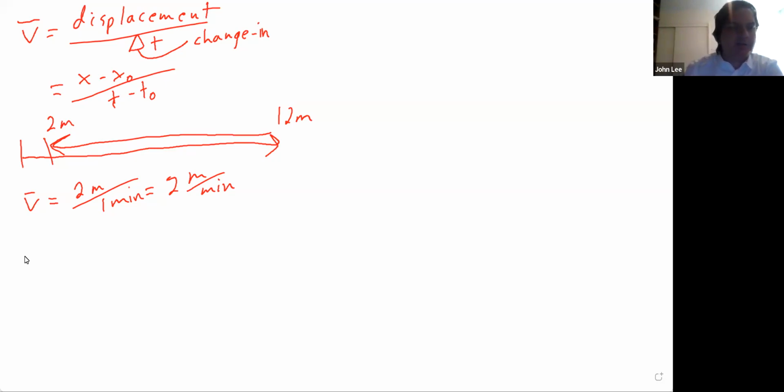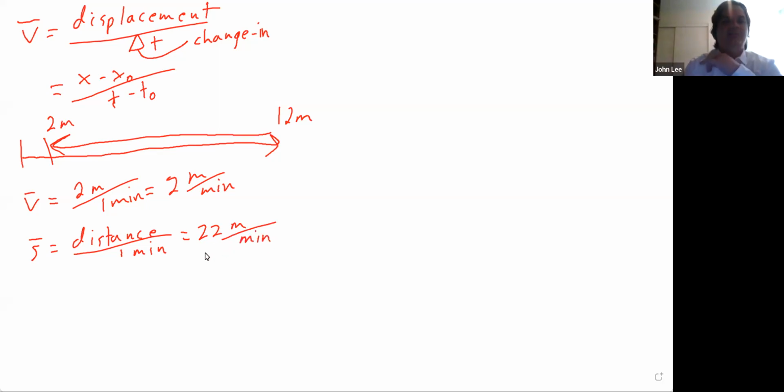Now, by contrast, speed is equal to the distance traveled. I don't think they come up with a variable for this in the textbook, but I'm just going to say it's distance over 1 minute, which is 22 meters, as we derived earlier, over 1 minute.